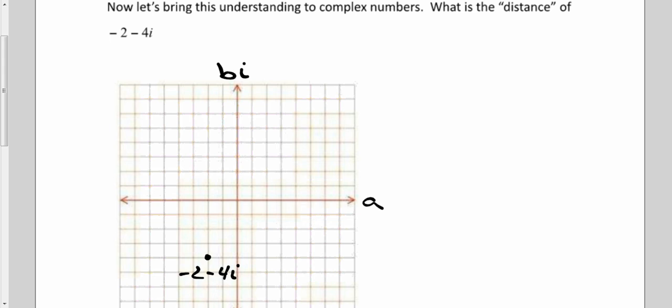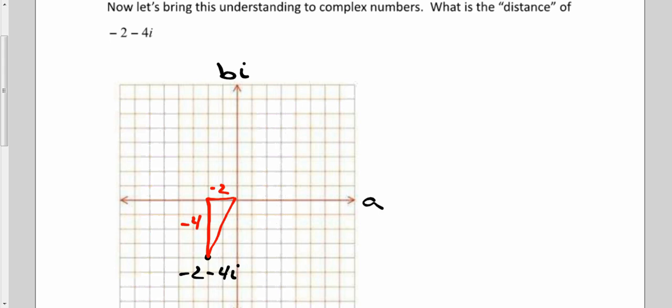No, not quite. I'll give you one more hint. One more hint. Let's just guess it now. What kind of triangle is that? What's this length? And what's this length?